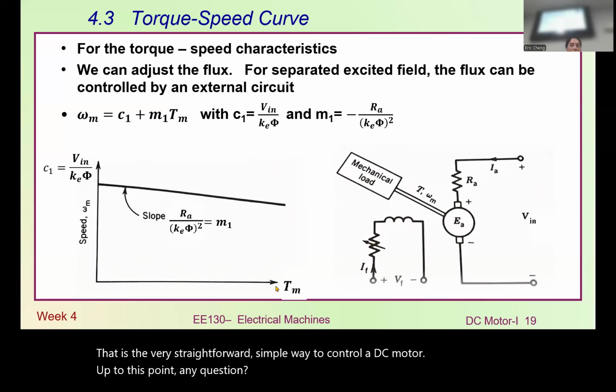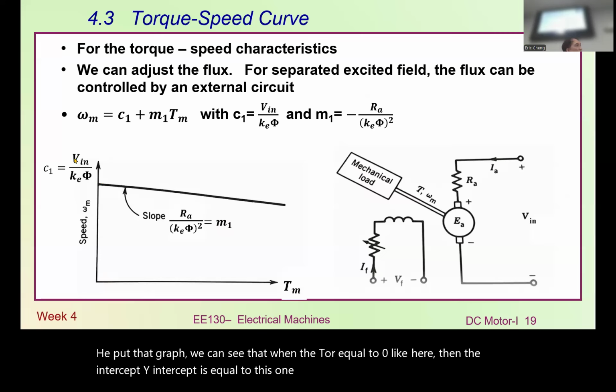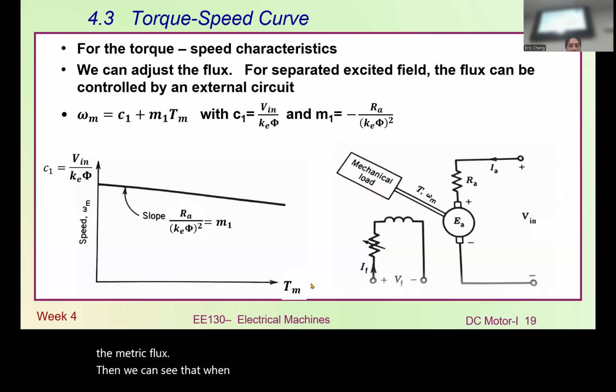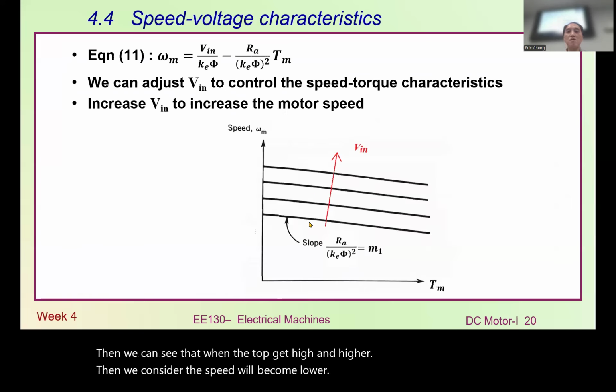We plot the graph, and we can see that when the torque equals 0, like here, the y-intercept is equal to this one, mainly controlled by the voltage, and also by the magnetic flux. Then when the torque gets higher and higher, the speed becomes lower. For the manual control method, we can plot all the graphs like this.